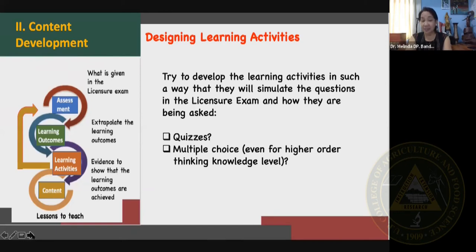So can this be quizzes, multiple choice questions, even for higher order thinking knowledge level? So syempre, again, it will depend on exactly what knowledge level do we hope to achieve for this particular lesson, for this particular aspect of the subject area.